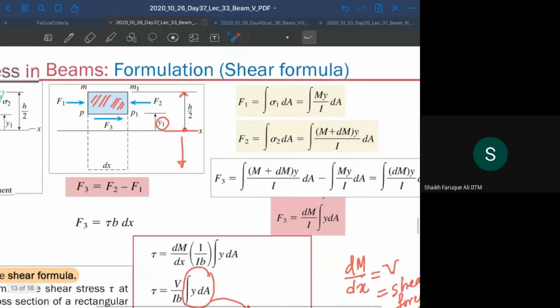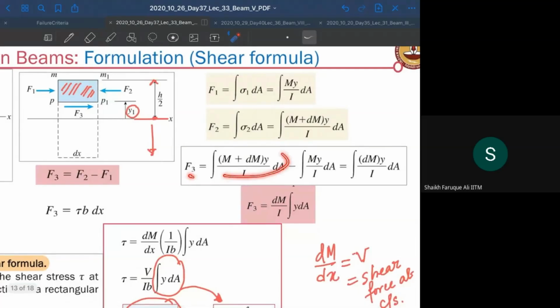It's an integral over the same area because this area is not changing, and this y distance is the same, so I can put them together. My by I cancels with the other My by I. So you end up having only the integral of dM y by I into dA.